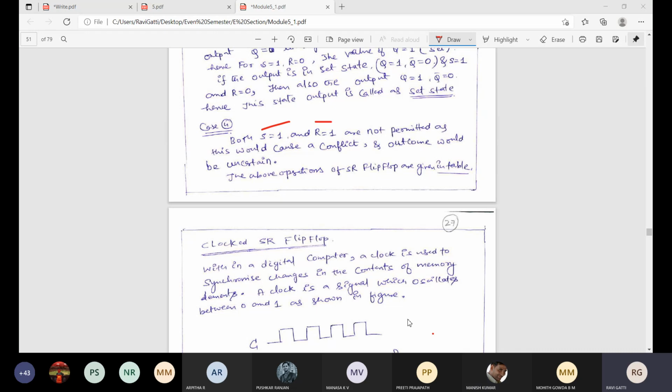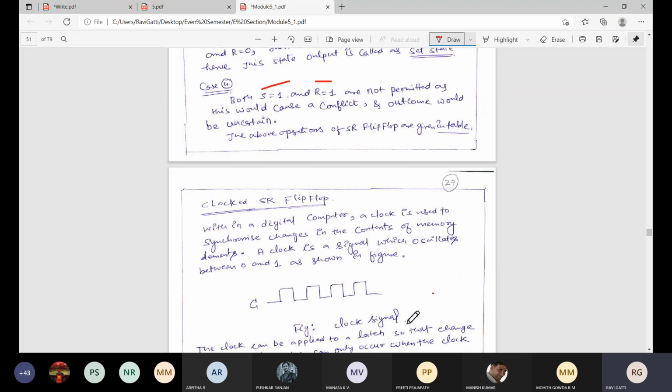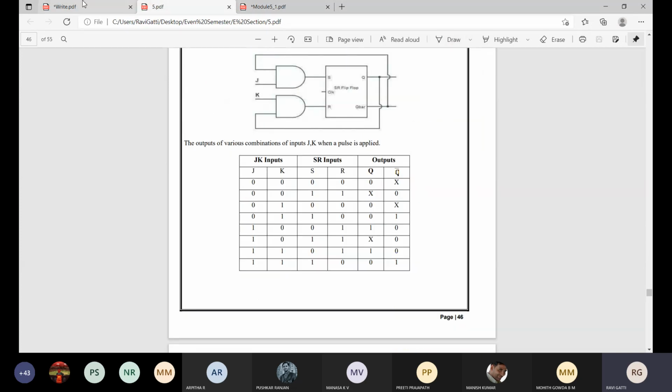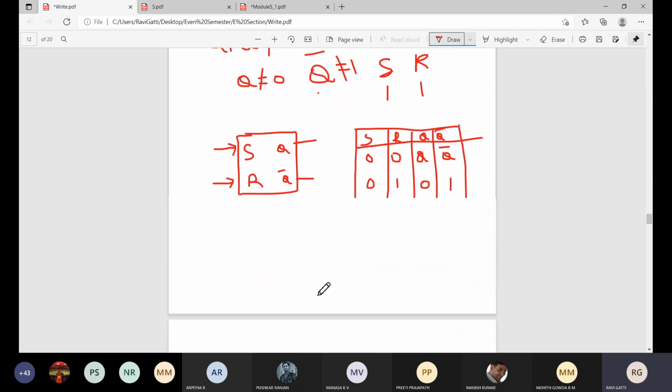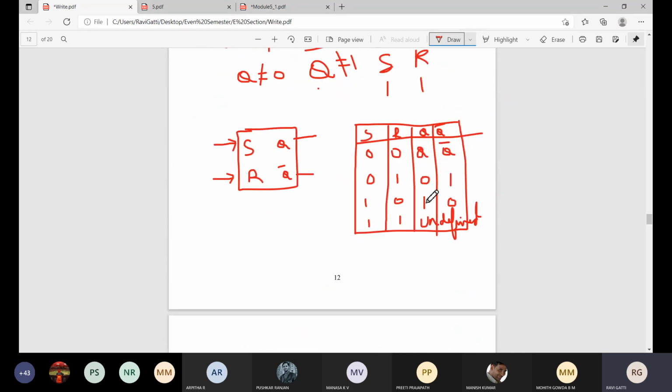Yes, sir. Okay. So now what we want to do is see when I change the input signal to this SR latch, the corresponding output you are getting. Depending upon the previous value of Q and Q bar, you are getting the output.